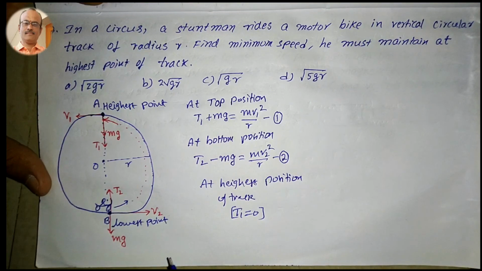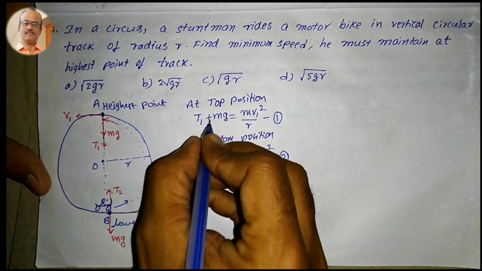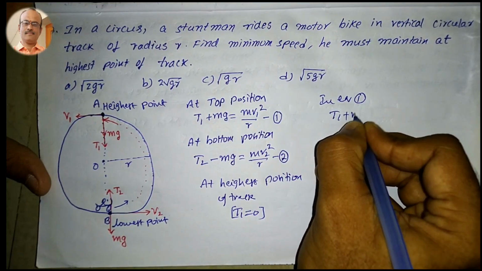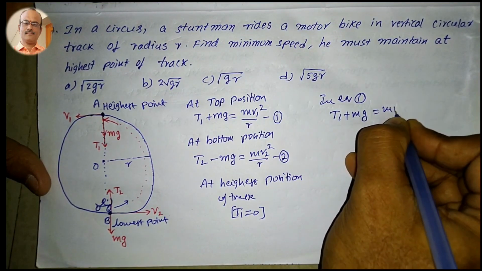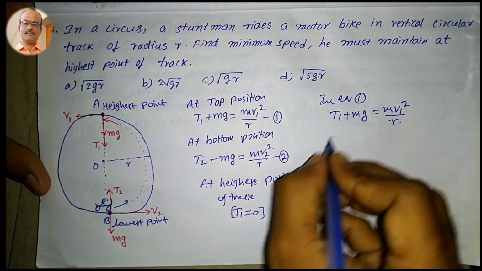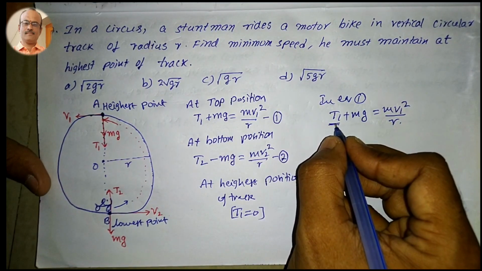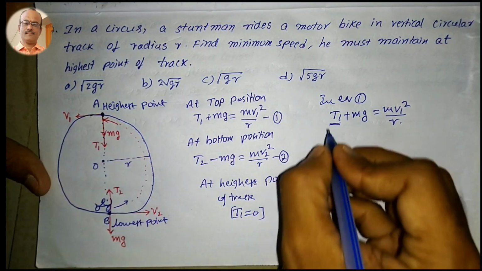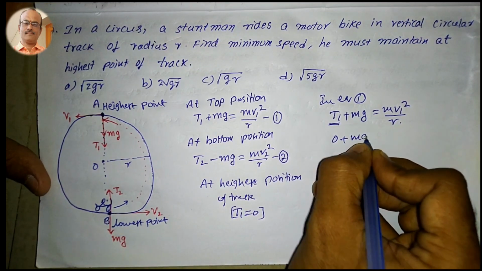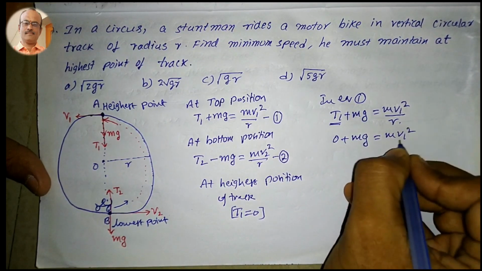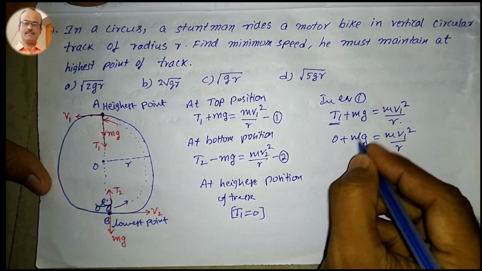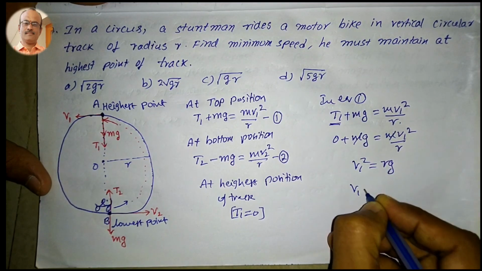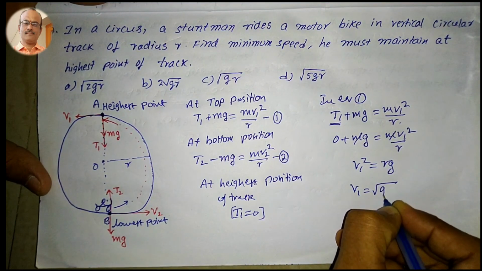Whenever T1 is equal to 0, in equation number 1, T1 plus mg is equal to m v1 square divided by r. Why is T1 0? At the topmost position the tension is 0, only weight is acting. So 0 plus mg is equal to m v1 square divided by r. Both sides m cancel. v1 square is equal to rg, and v1 is equal to square root of g into r.